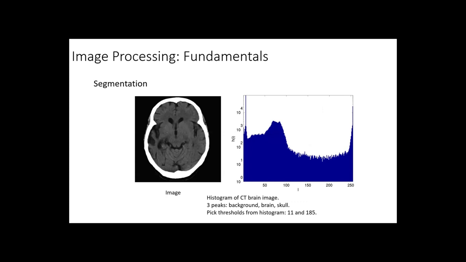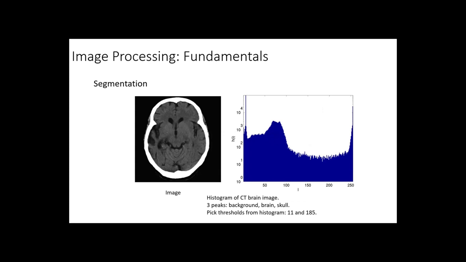Okay. So first the task we're going to talk about is segmentation. Here we use a CT image as an example because the scale is very, very clear. Okay. So what is this? This is my image. So in statistics, this is a histogram of the intensities in my image domain.